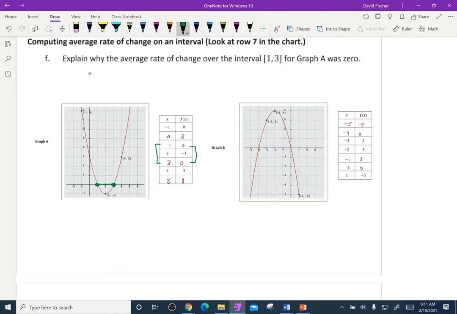And so the slope of a horizontal line is 0. But we also did the math over here that we said 1 and we went up to 3. So my x in the denominator was a 2 and my numerator was a 0. So that also equals 0. So I would say on graph A, by using the graph, I'd say the line is horizontal.